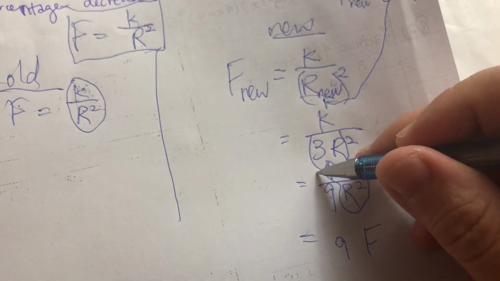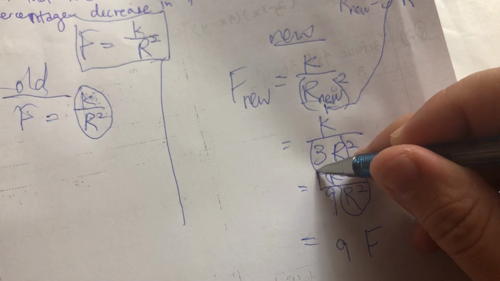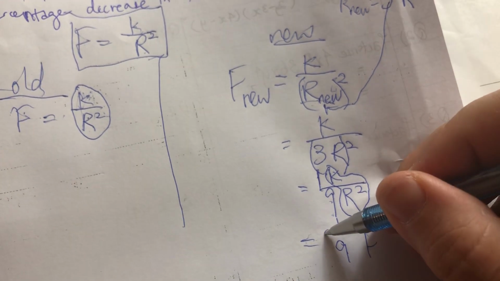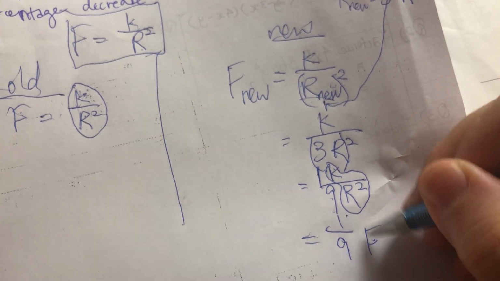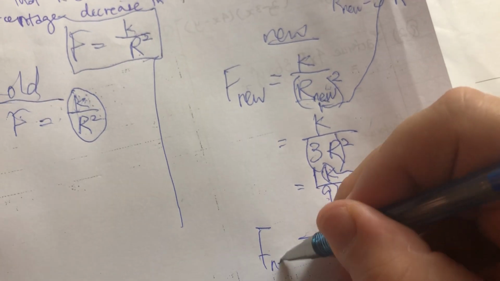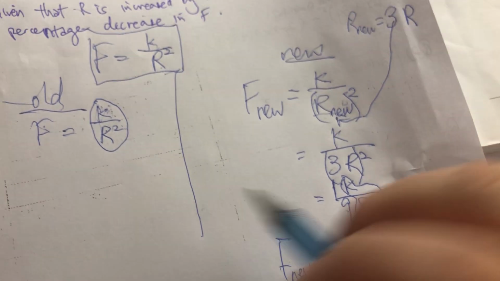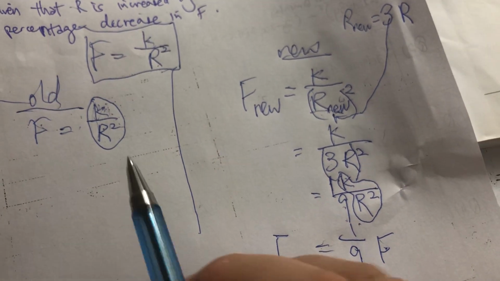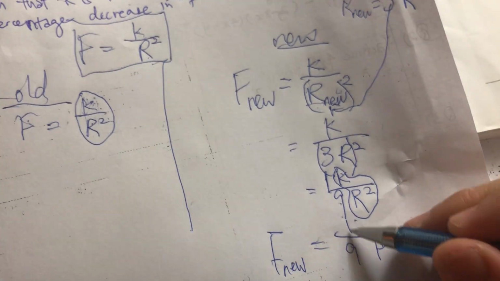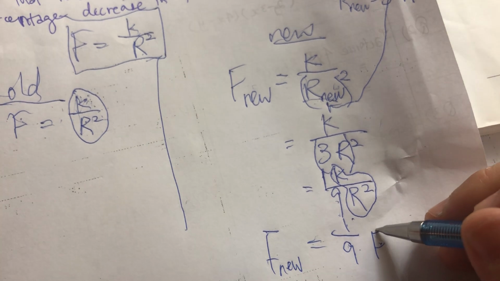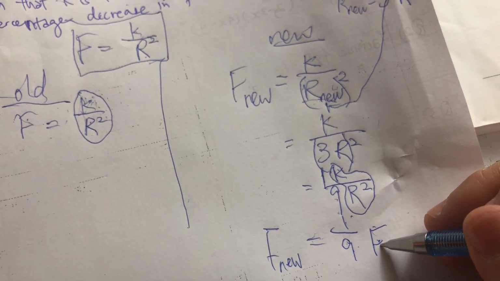What's at the numerator? Although we don't write, there is a 1 here. So it's 1 out of 9 of F. That means the new F is smaller than the original, because it's 1 out of 9 times of the original, you see?